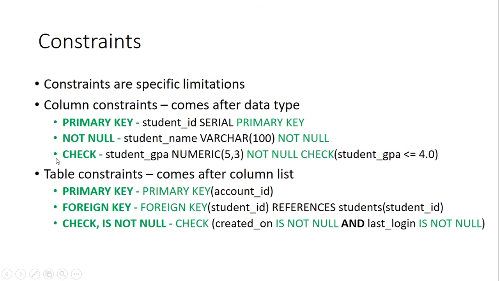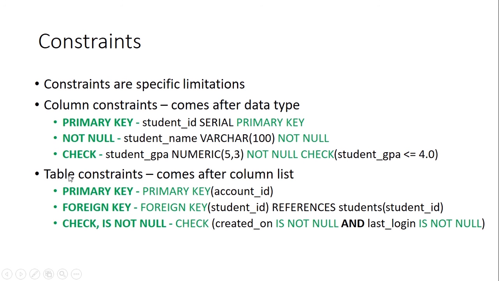The next constraint is check, which is also a constraint that checks a value before inserting into a column. Like you can see, student GPA is a numeric, and it is also specified as not null, and with check it checks if student's GPA is 4.0 or lesser. So if someone tries to enter a GPA value which is greater than 4.0, it will output an error.